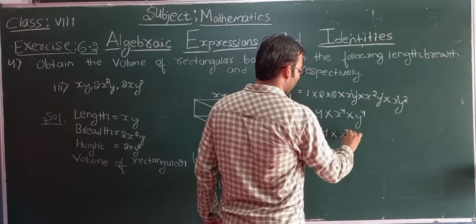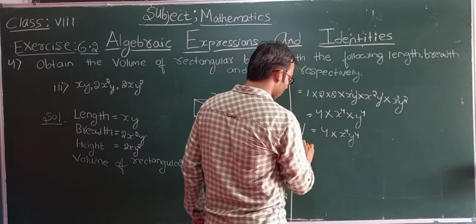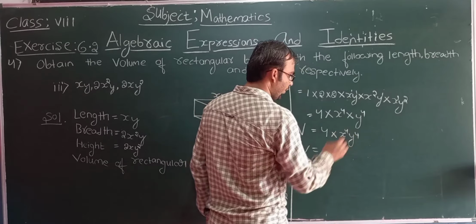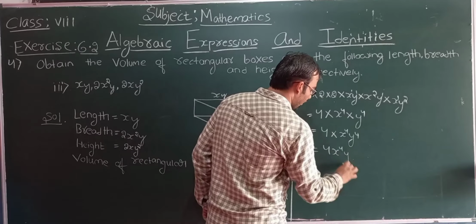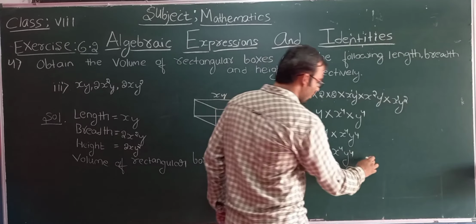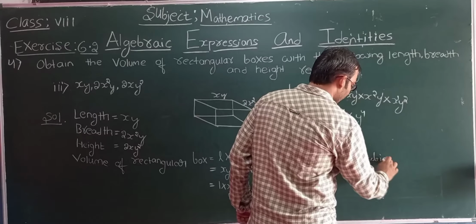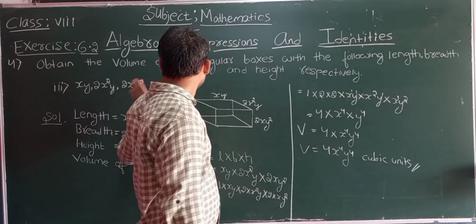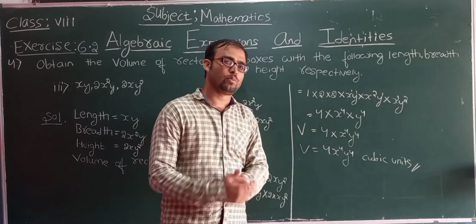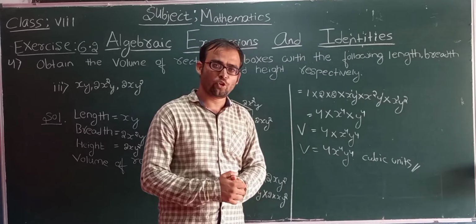So 4 x to the power 4, y to the power 4, volume is in cubic units. So the volume of third problem is 4x to the power 4 y to the power 4 cubic units.